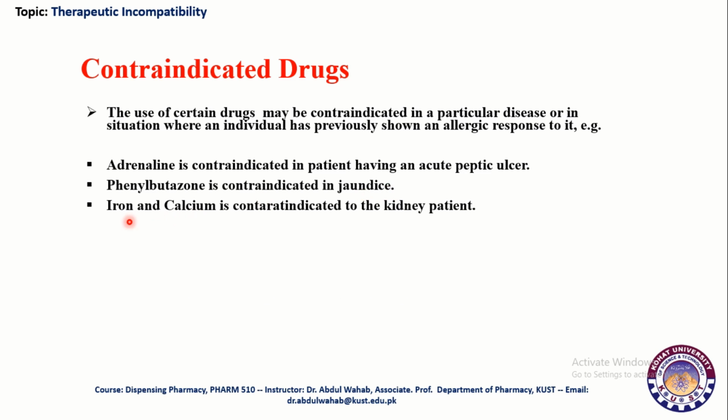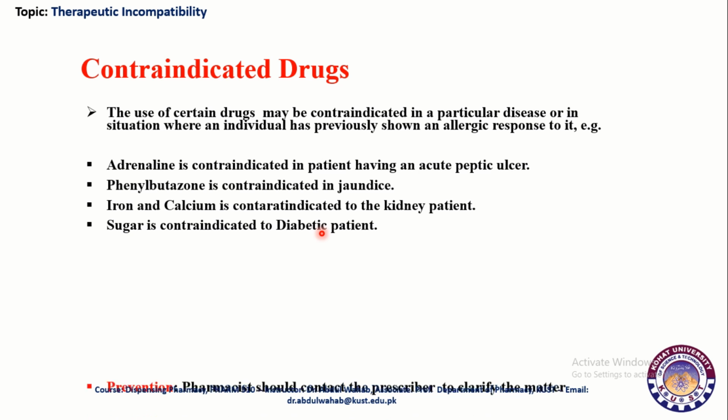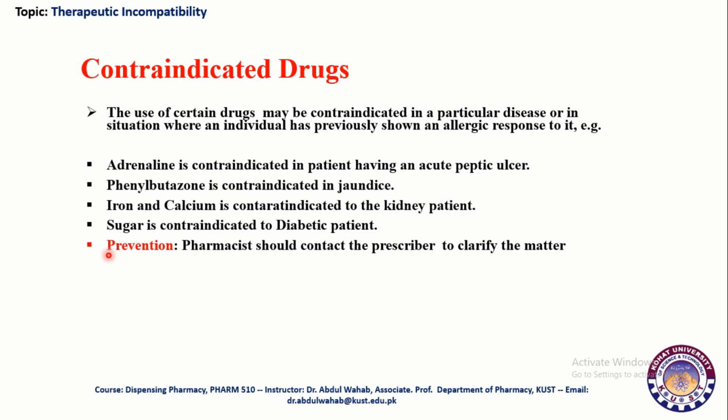Similarly, iron and calcium are contraindicated to kidney patients. Sugar is contraindicated to diabetic patients. Prevention. How can we prevent such type of incompatibility due to contraindicated drugs? Pharmacists should contact the prescriber to clarify the matter.